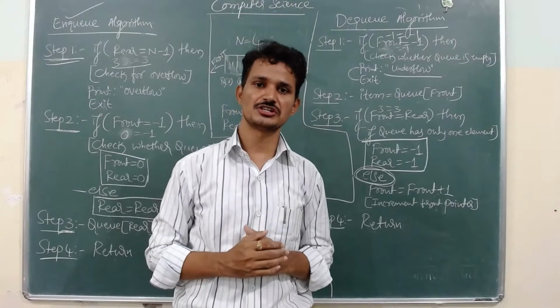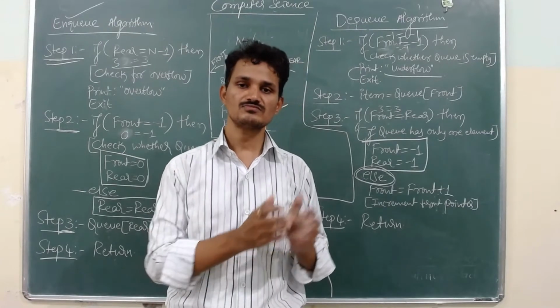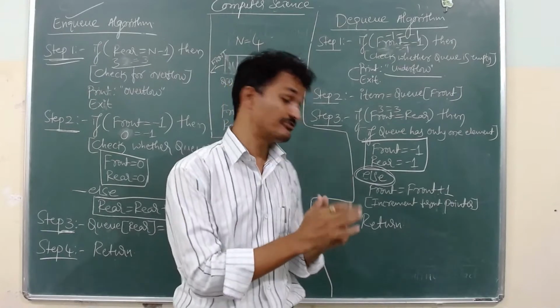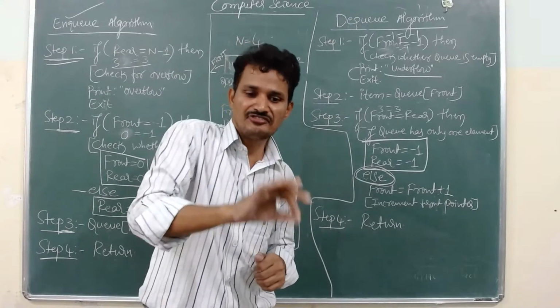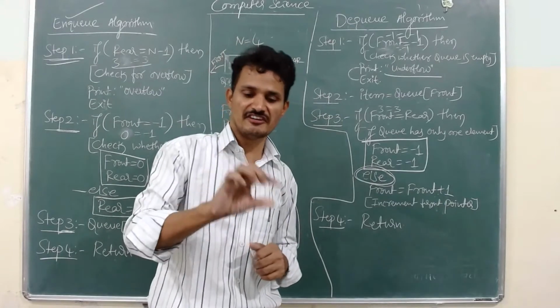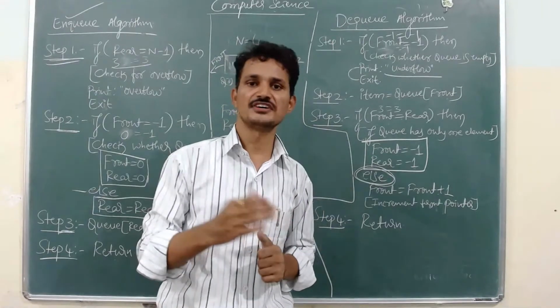The queue data structure follows the principle of FIFO, F-I-F-O, which stands for first in, first out.